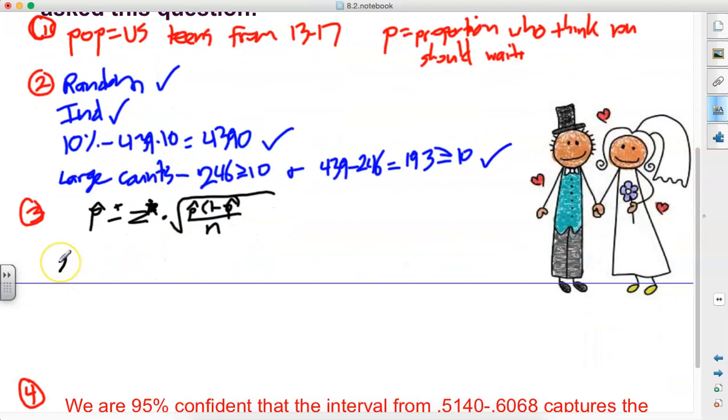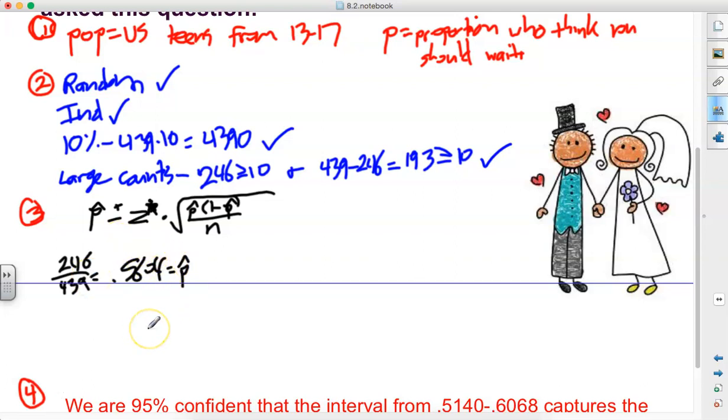When you divide it, you should get 0.5604. So that's our p-hat that we're going to use for this formula.